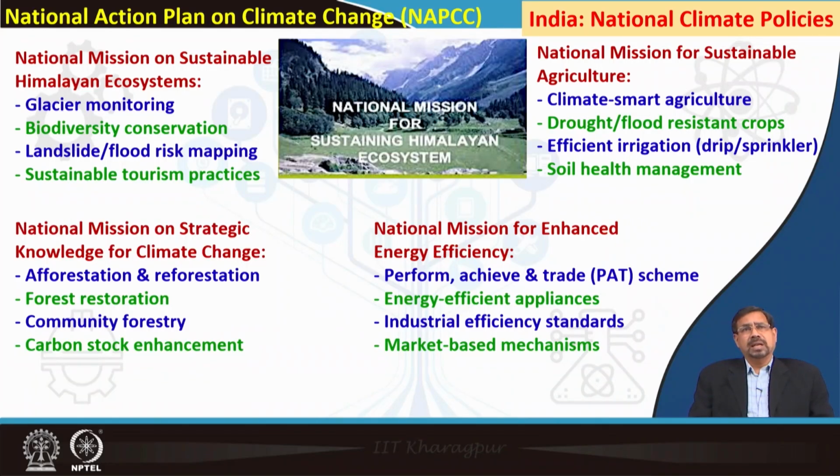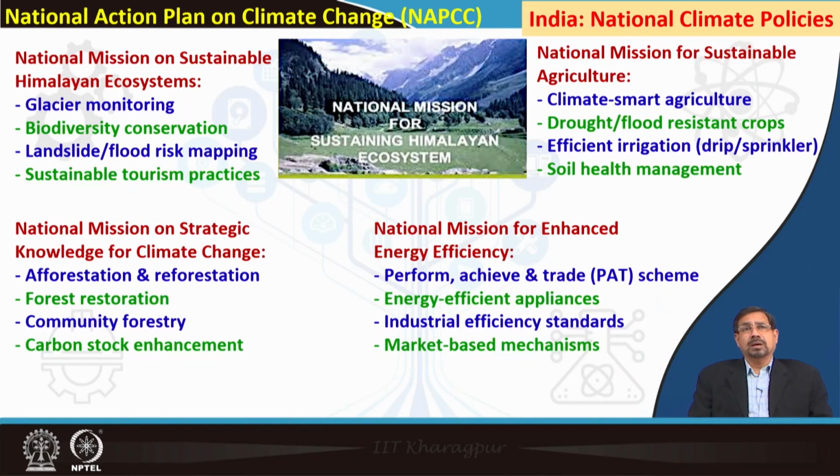The fifth one is the National Mission on Sustainable Himalayan Ecosystem. This talks about monitoring our melting glaciers. We have the Himalaya. So, because of the height, we have a lot of deposition in terms of snow and glaciers. So, the glaciers are melting.